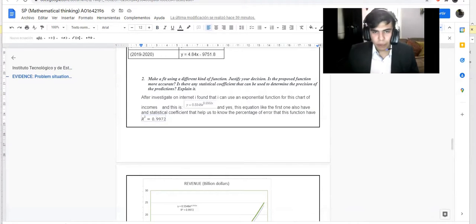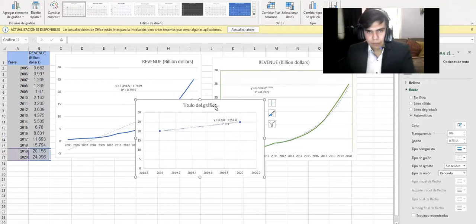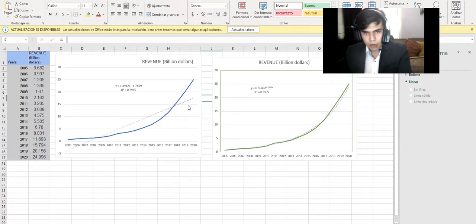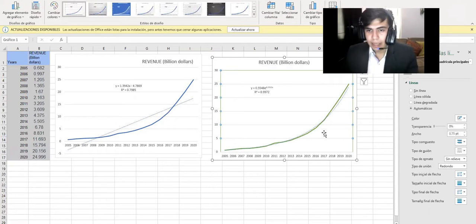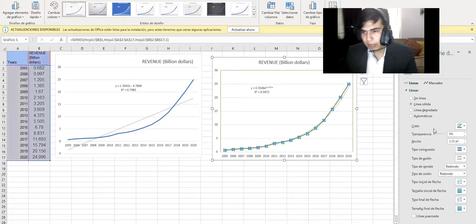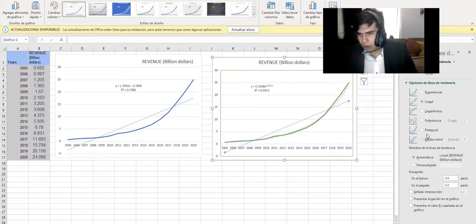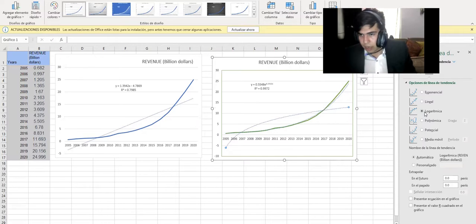Look, if we go here to the Excel, we can see that in the graphic, we can follow the trend line. We can choose a logarithmic. If we use a logarithmic and we present the equation, we'll have a lesser coefficient.